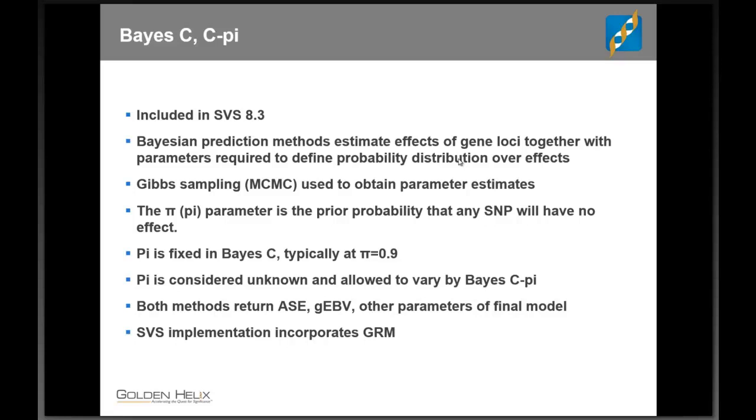Now, both of these, similar to GBLUP, will return allele substitution effects, estimated breeding values, and some other parameters. And an important thing to be aware of is that the SVS implementation of Bayes-C and Bayes-C-pi incorporates a genomic relationship matrix similar to GBLUP. There are some implementations of these methods that do not, so it's just important to note that.